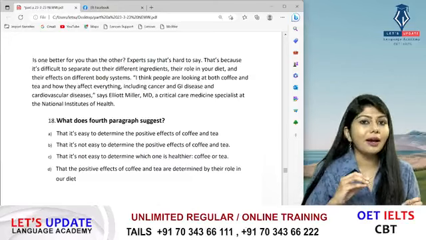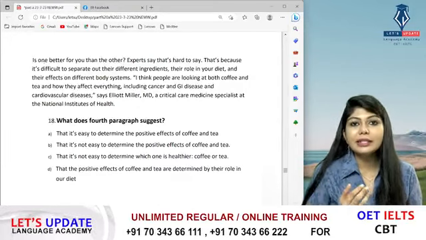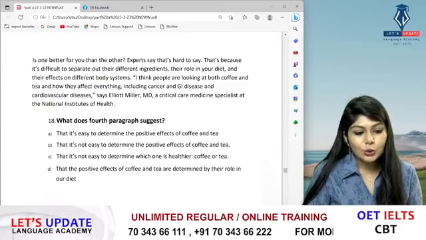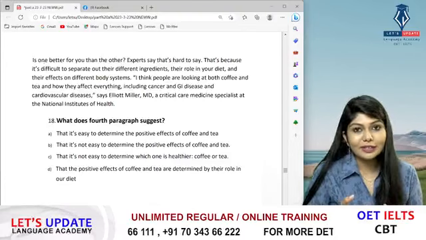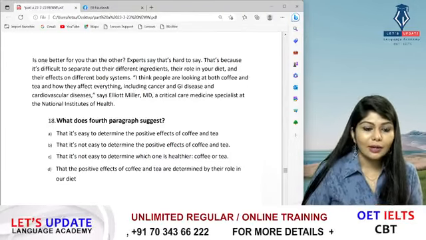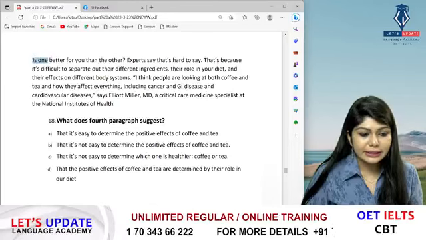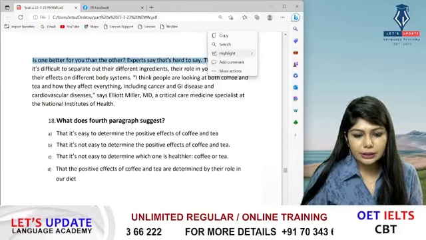They are asking whether coffee is better than tea or whether tea is better than coffee. That is what they are asking, and the answer for that is it's hard to say. It's difficult to answer.